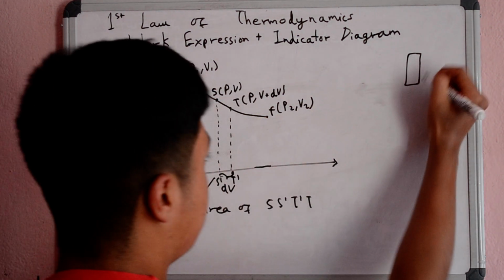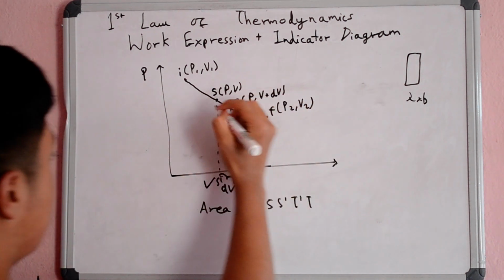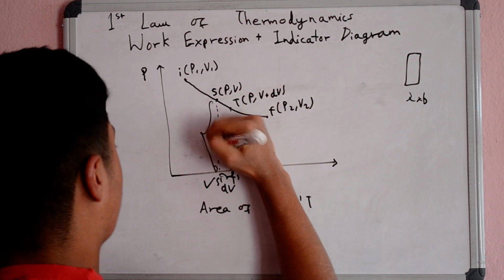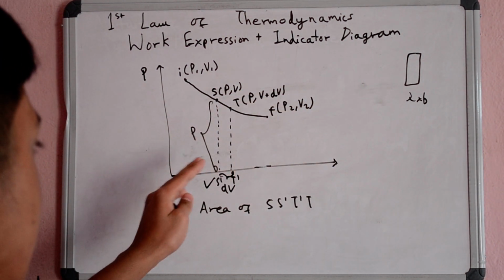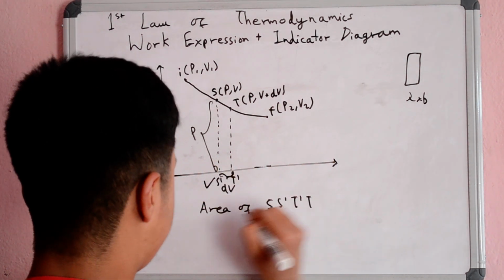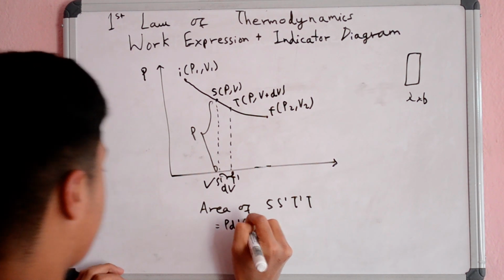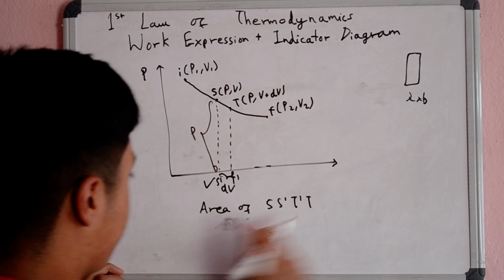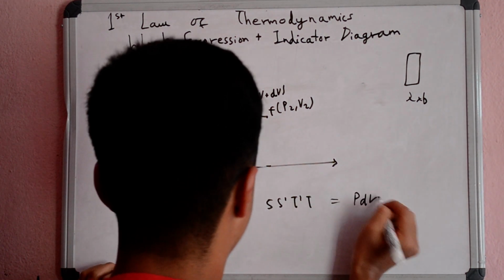For a rectangle, it's just length into breadth. Here for the length, on both sides it is pressure, and for the breadth it is volume. So this is equal to PdV.